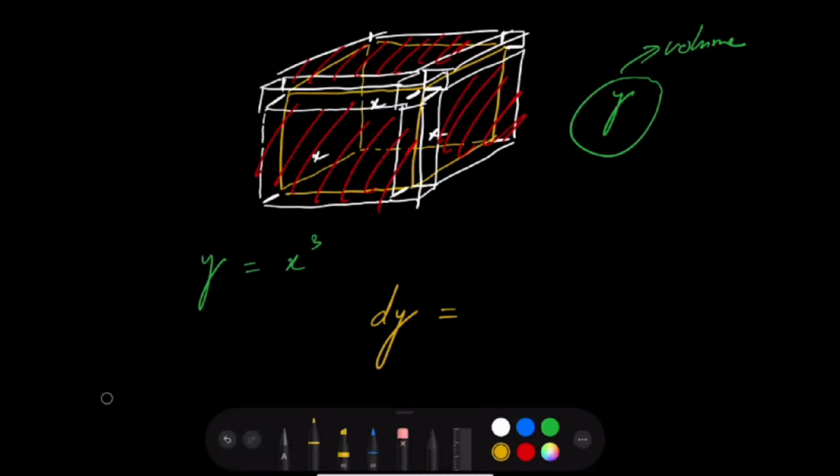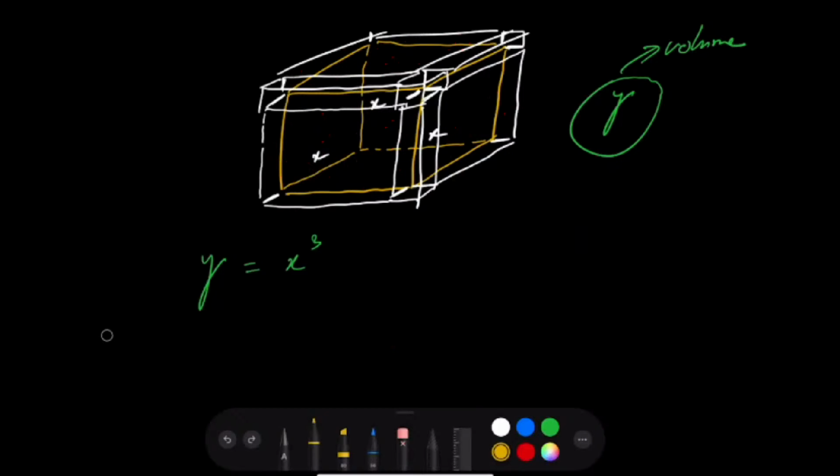So the increase in volume is equal to the volume of these three extra slabs. Let me just remove this red color, it is disturbing. So the increase in value of y is dy, and it is equal to the increase in volume of these three extra slabs.